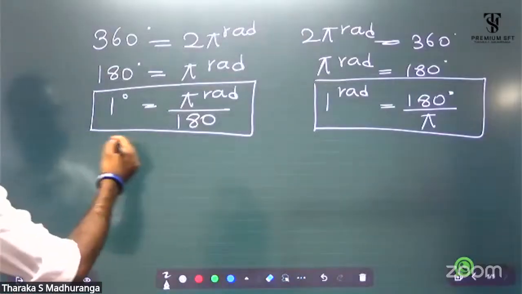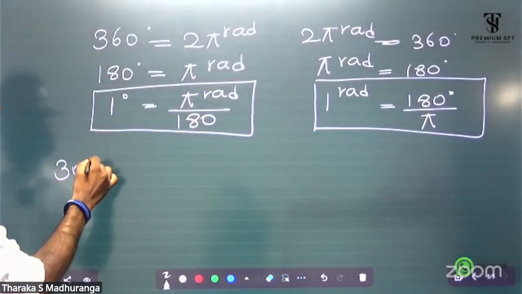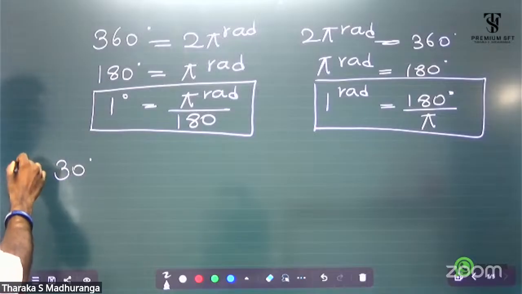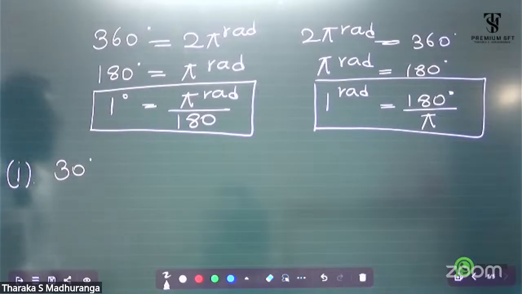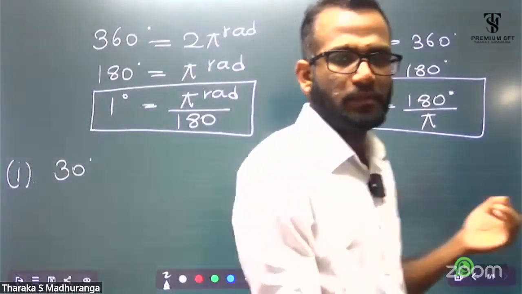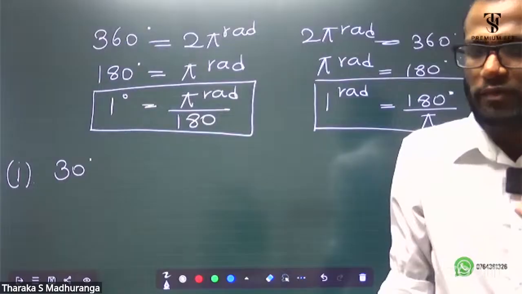Now I want to convert 30 degrees into radian. What's the value? Now 1 degree is equal to π over 180.